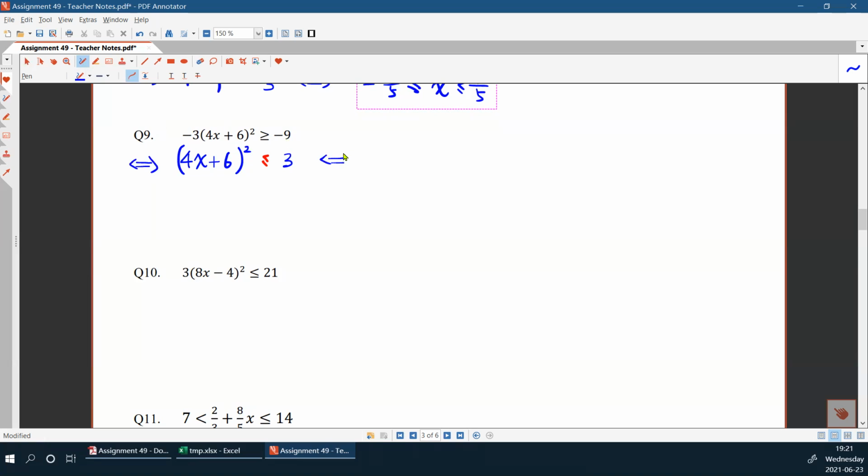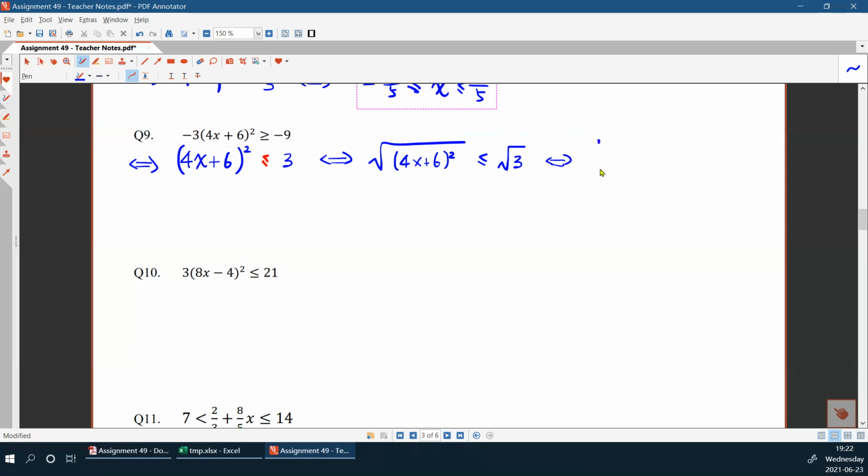Okay, so this is equivalent to the square root of the left-hand side being smaller than or equal to the square root of the right-hand side, because both the left-hand side and right-hand side are non-negative, right?